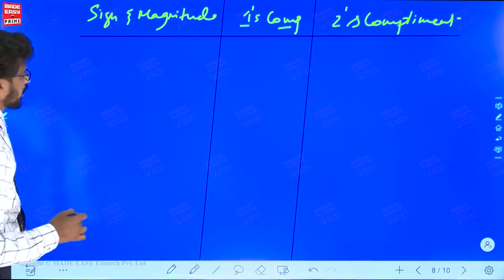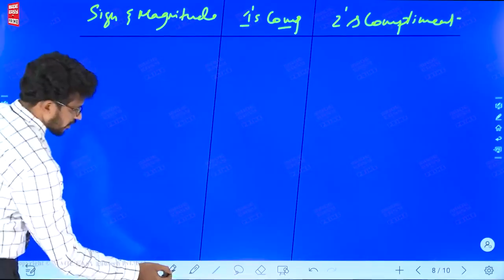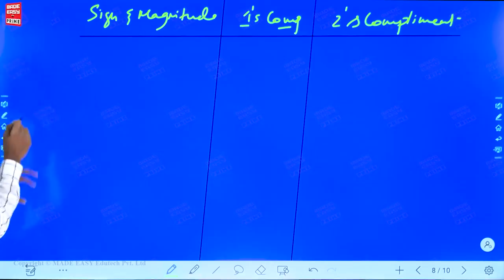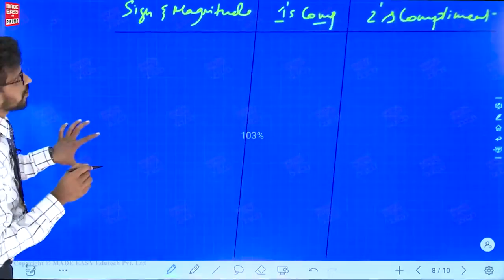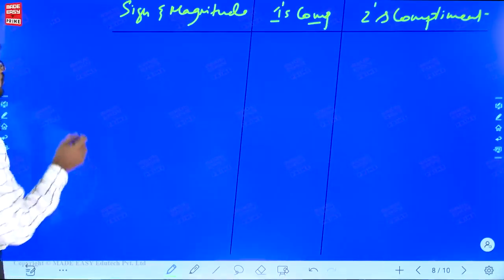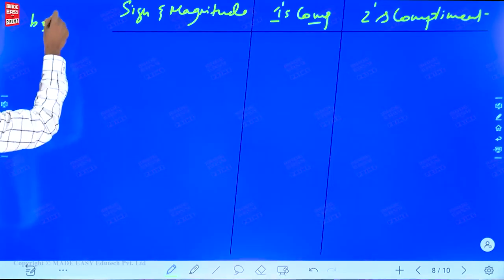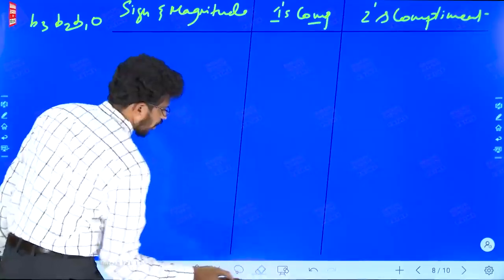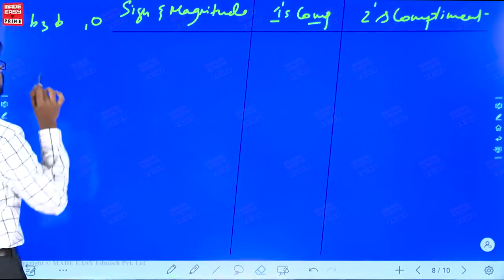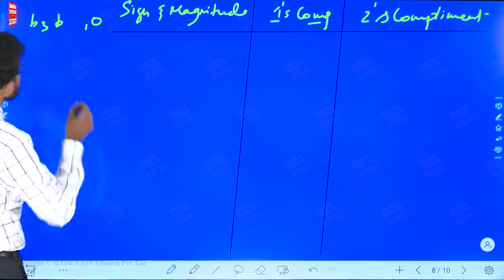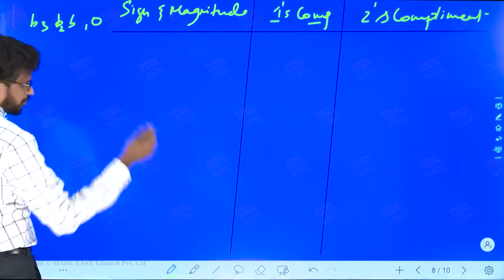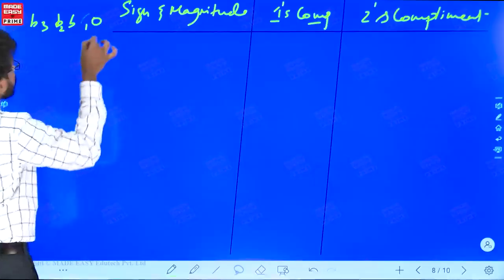Now let us observe carefully. I am taking the binary values like this. The binary bits are B3, B2, B1 and B0. Let us see how it is possible.